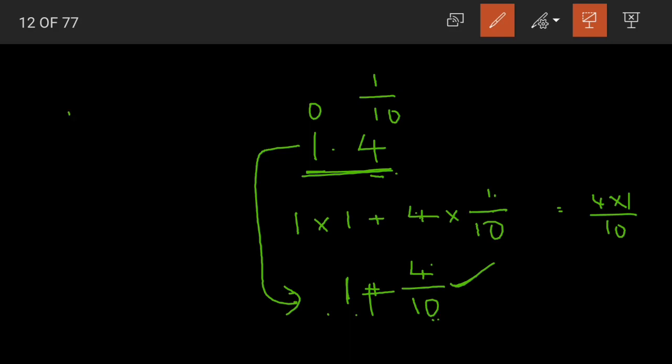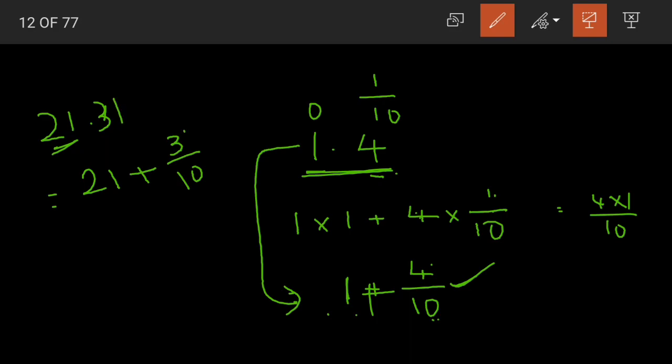So in the same way, in the future, whenever you have such questions, say 21.3, how will we write it? Write the whole number part as it is, plus 3 is in the 1/10th place, so 3 divided by 10.